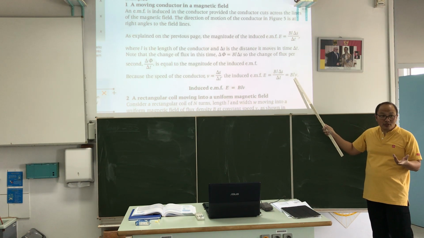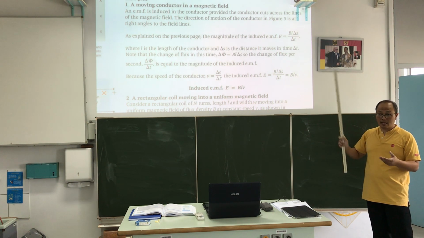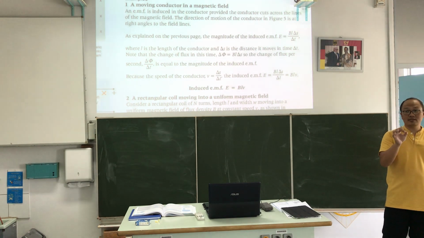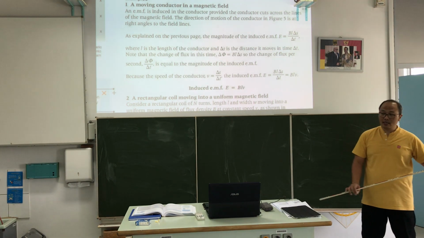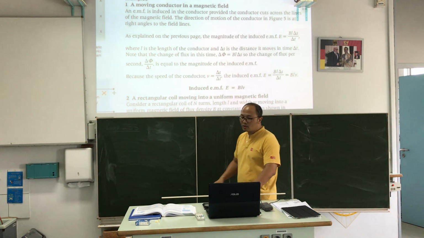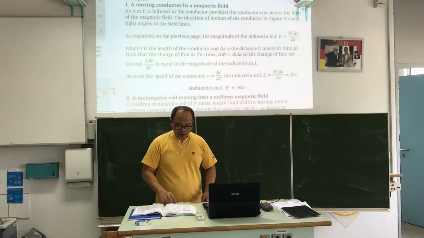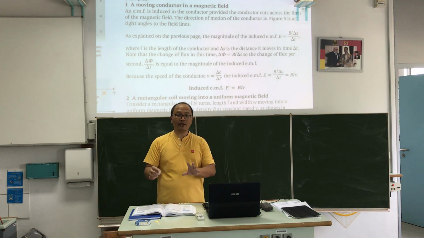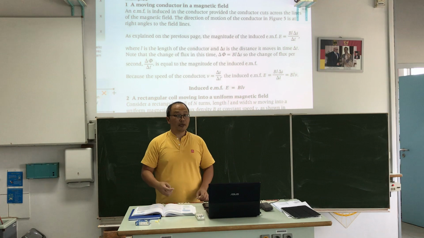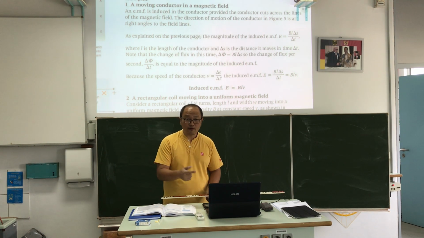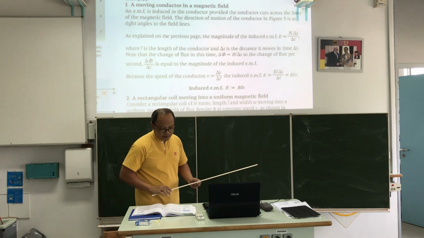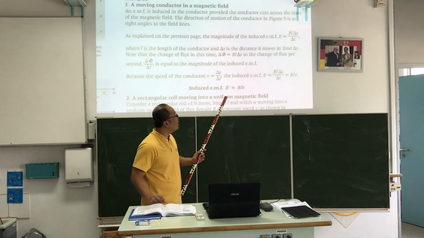So our assumption today in this example number 1 is constant speed, uniform motion. Understand? If you go to university and study engineering, don't think, oh, here the formula is BLV. No, BLV is just a simplified formula, because we know that delta S over delta T is only for constant speed, uniform motion.